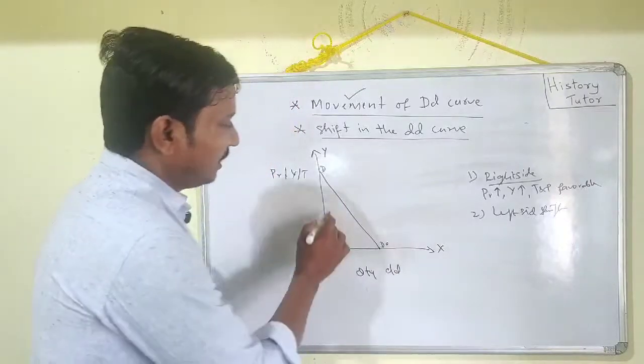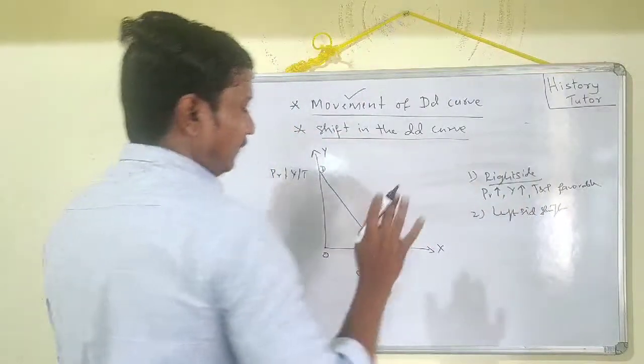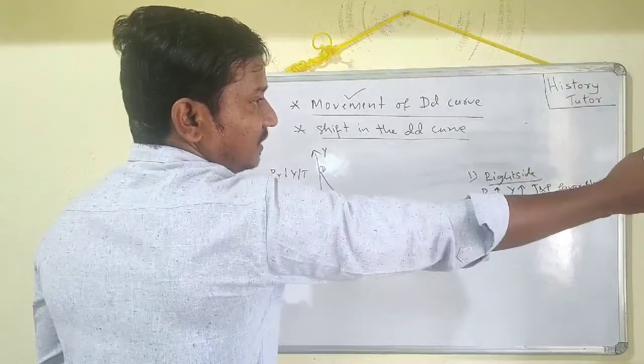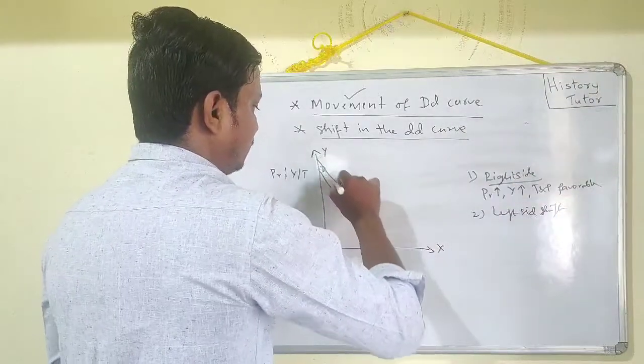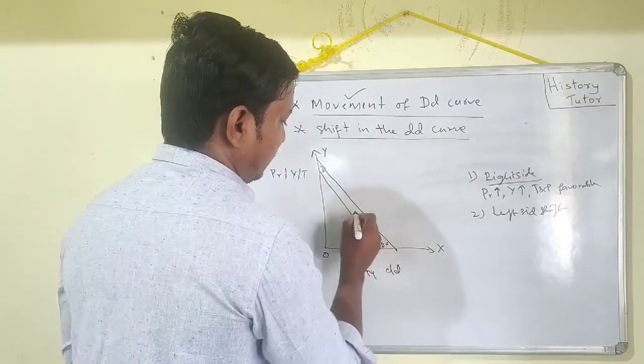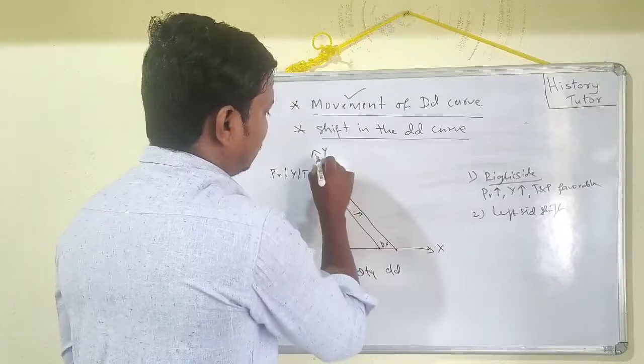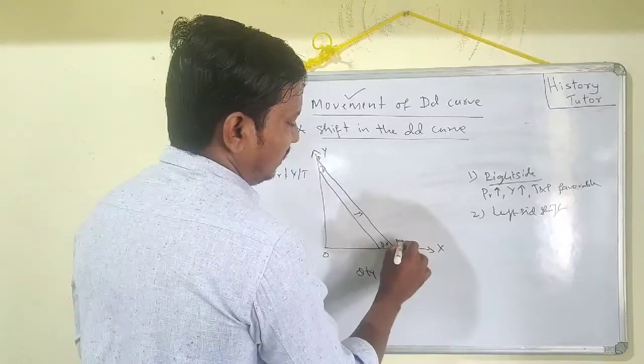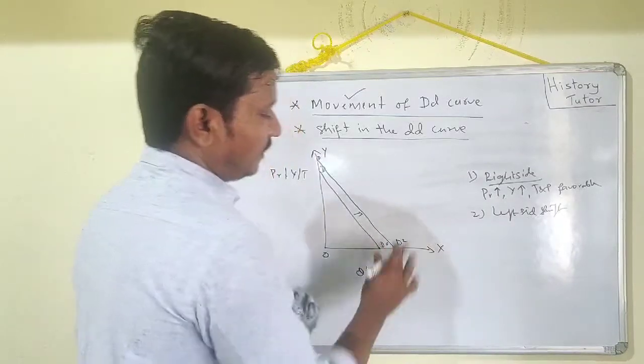During that time, the demand curve shifts right side. If you stand like this, right side to you is that side. So the demand curve shifts right side, and this is how I show the arrow mark, and this becomes D1.